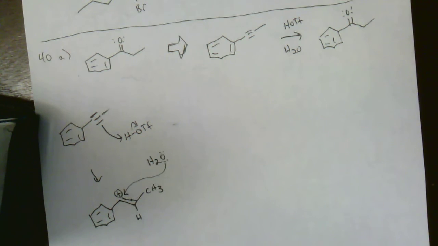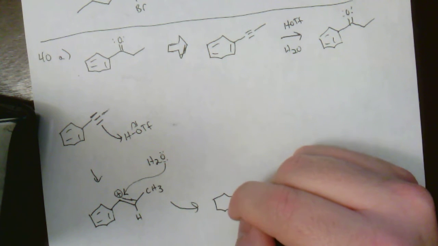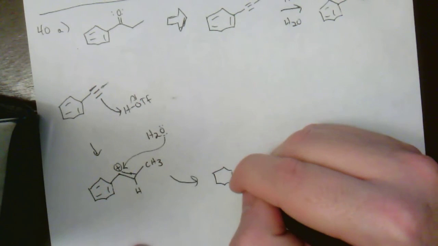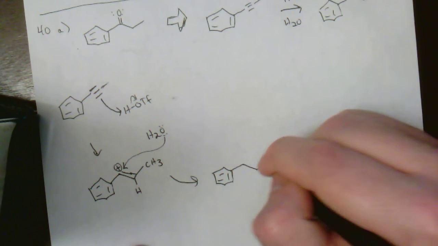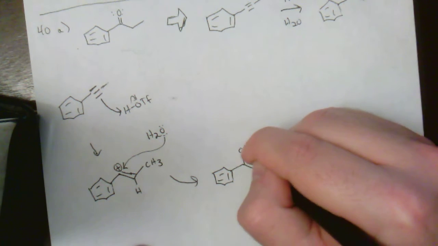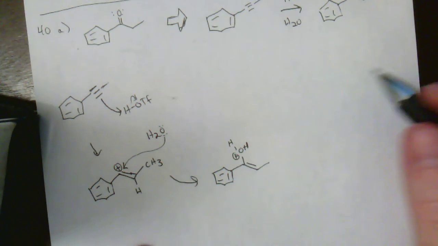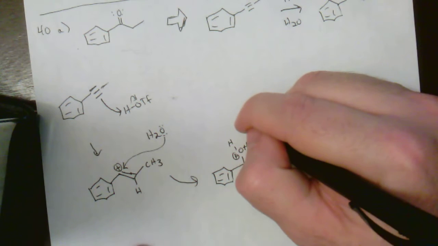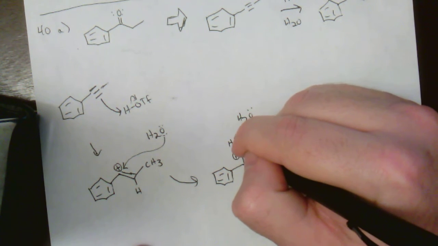Water is going to attack here on that carbocation. Okay, so here's where my water attacked, and now I have an OH2. Okay, and then another water will just come in and deprotonate this to give me my enol.